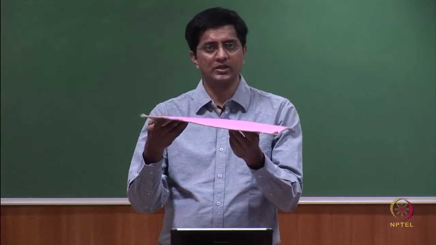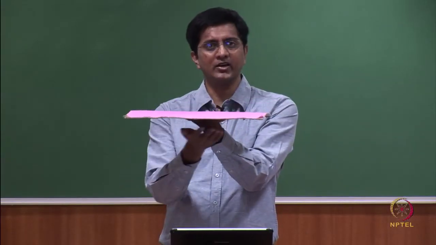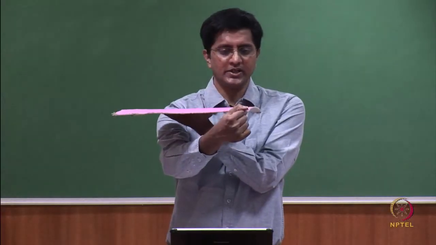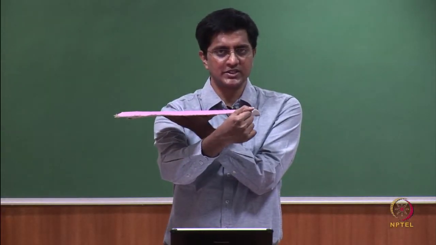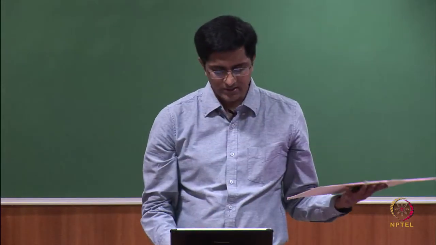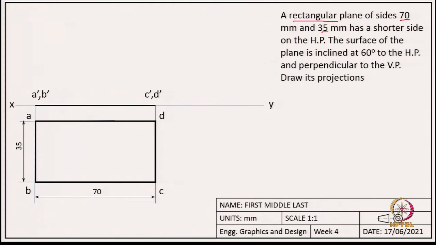So, since the rectangle is lying on the horizontal plane, you will notice that your front view is also in line with the reference line x y, and the naming of these corners of this plane A B C D we have already discussed before, saying that if you are looking in this direction, since your projector line first touches A and then B, you should be writing in the same sequence when you draw the front view.